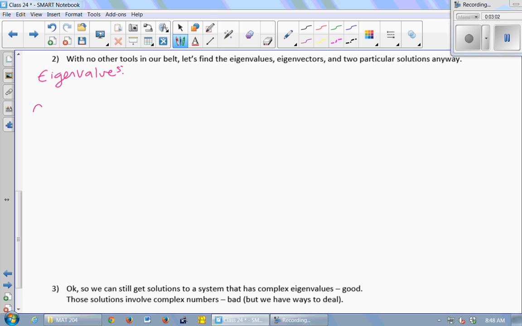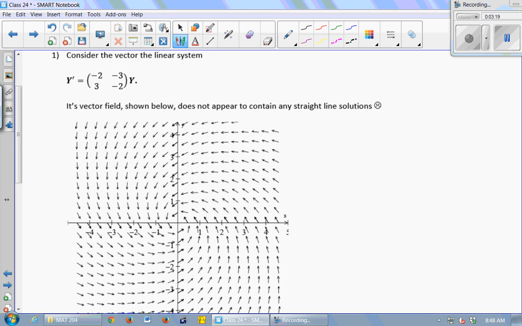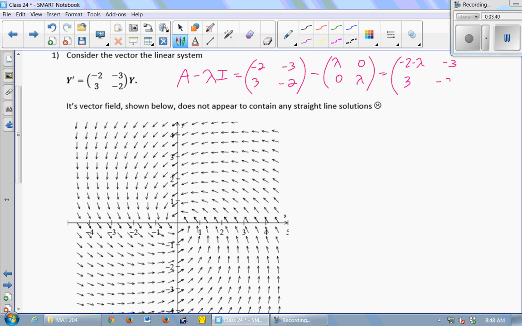remember we do the determinant of A minus lambda I and set it equal to 0. And that is going to be the determinant of A, which is this, and I'm going to subtract lambda I. So that would be -2, -3, 3, -2, minus lambda I, which is lambda 0, 0, lambda. So we end up with -2 minus lambda, -3, 3, and -2 minus lambda.